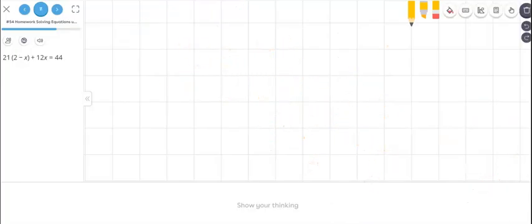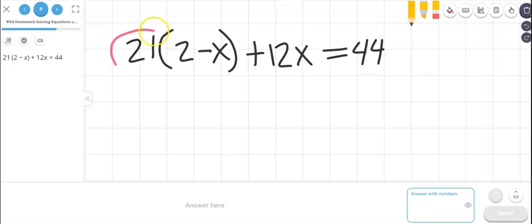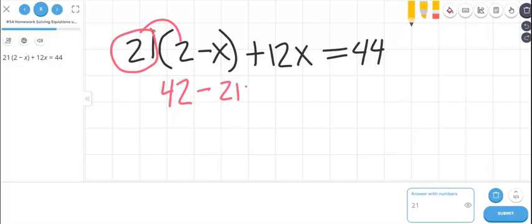Alright, basic problem. 21 times 2, that's 42. And 21 times 1x, so it's going to be minus 21x plus 12x equals 44.